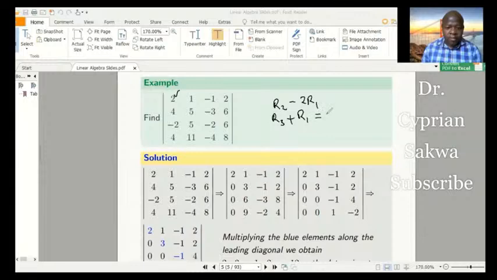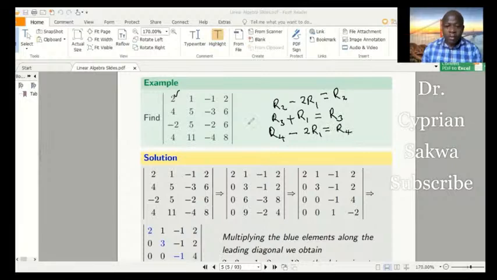So this gives me the new row 3, and this was to give me new row 2. What about this? This element is in row 4. So I would have row 4 minus 2 row 1. So this will give me the new row 4.